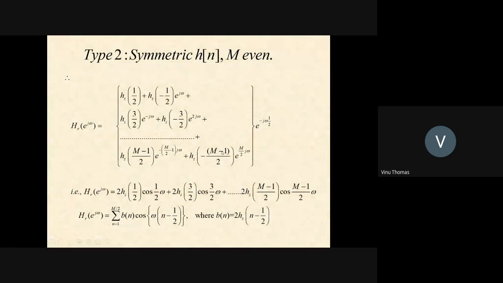And h(-(M-1)/2) is originally at the index -M/2 and therefore has to be multiplied by e^{jω(M/2)}.